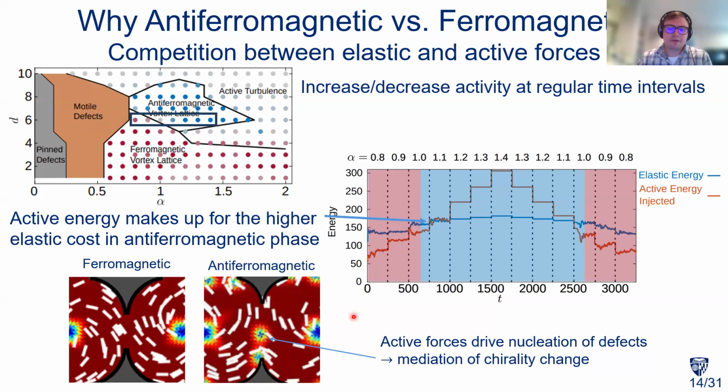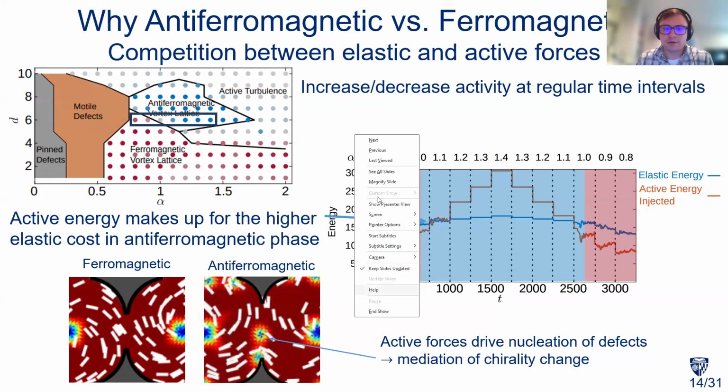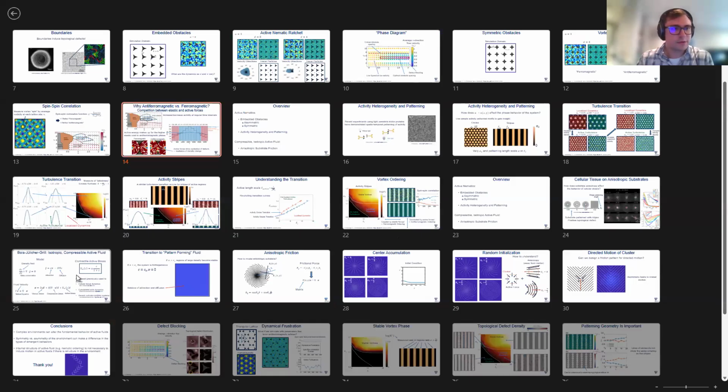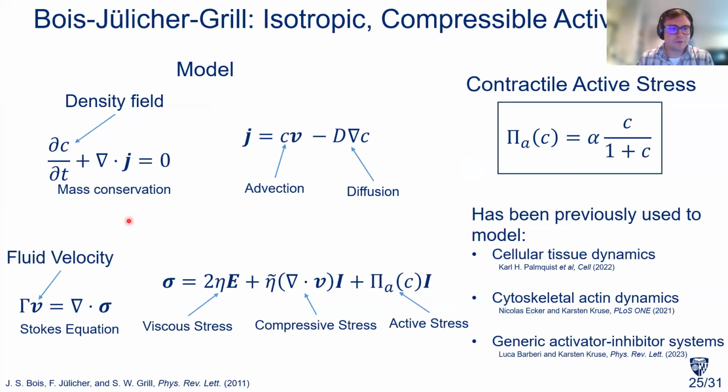Again, the model that we're using is the simplest possible thing you could write down, where there's no structure in the fluid. So if you wanted to explicitly model reversals in the system, you would have to have either some sort of polar ordering or nematic ordering in the model, at least at the continuum level.